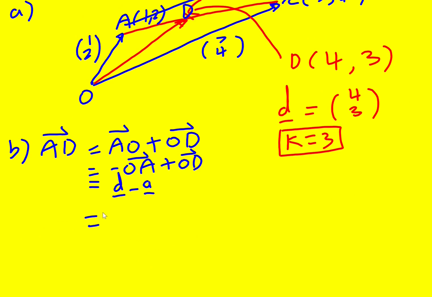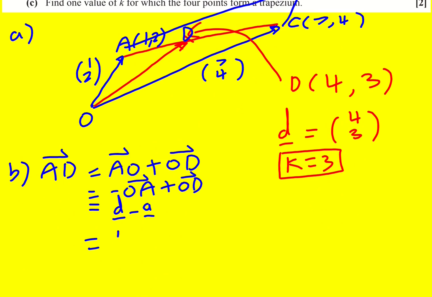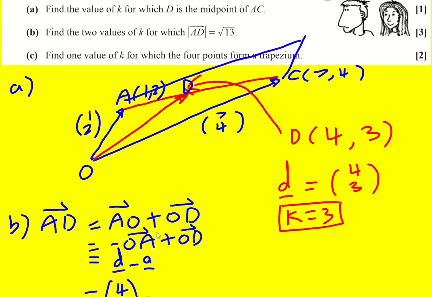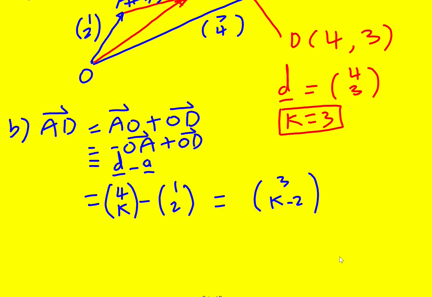Well, first of all, I'm going to write D back as 4, k. And then A is still 1, 2. So it is 3, k minus 2. Okay, that's the vector AD.